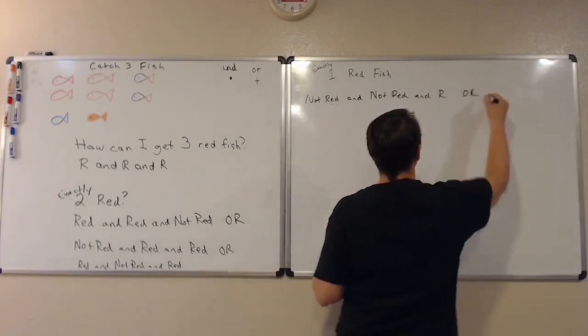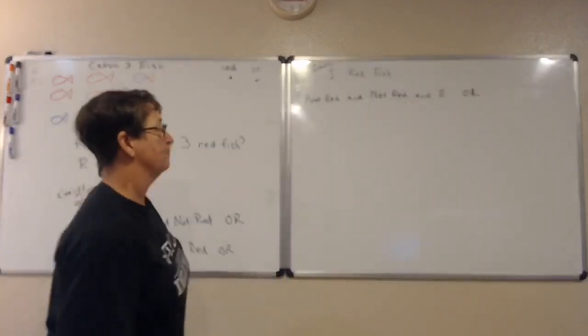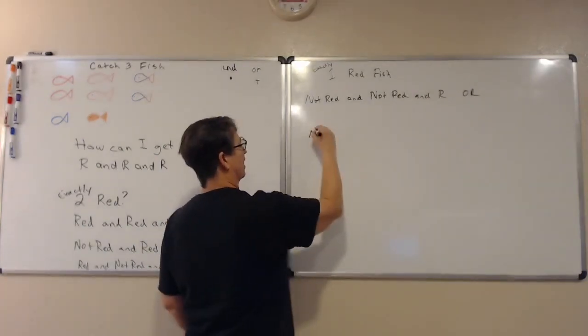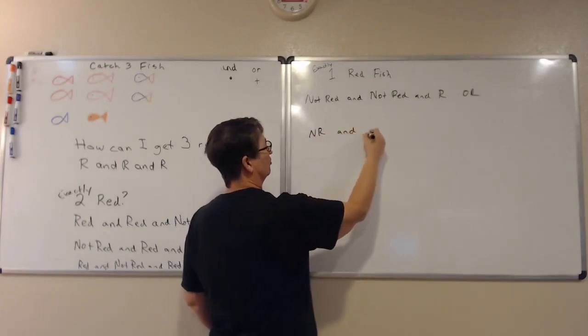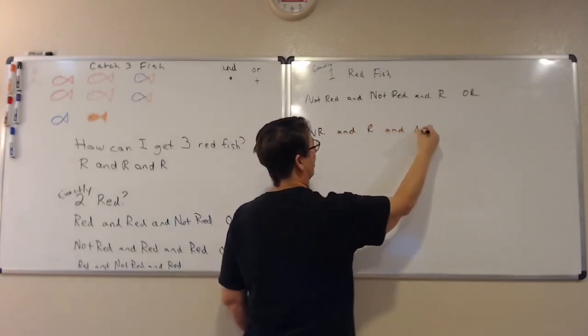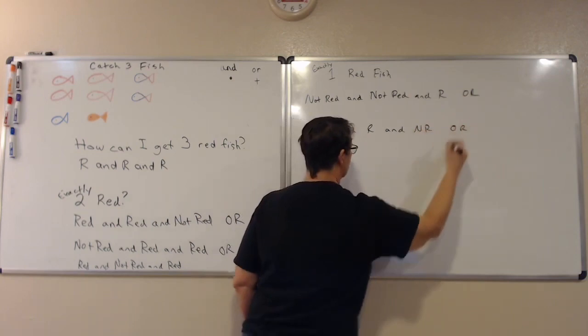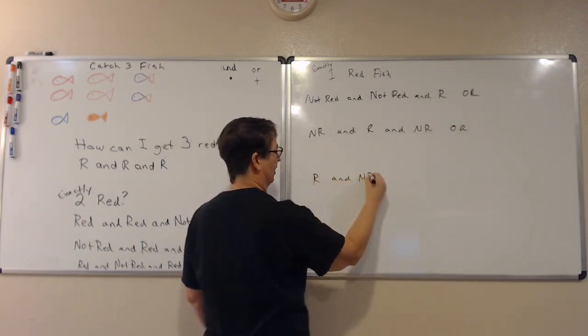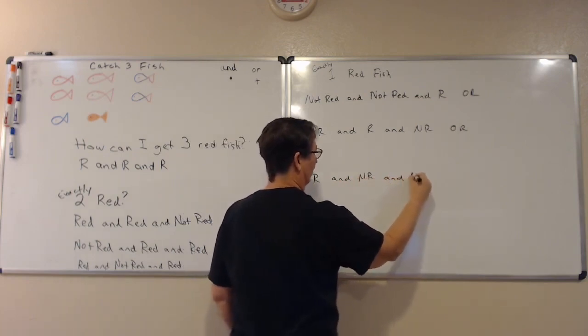Or that red could move around, right? Let's just move him into the middle. So we've got not red, red, and not red, or we can move him all the way up front: red and not red and not red.